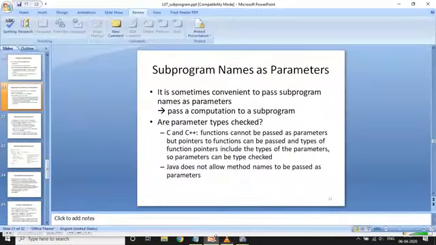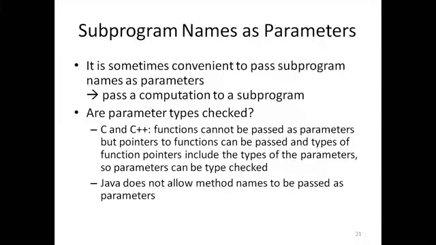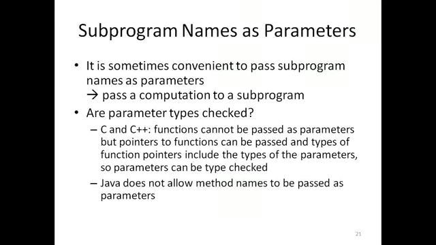Next we move on to the concept, parameters that are subprogram names. In languages that allow nested subprograms, such as JavaScript, there is another issue related to subprogram names that are called as parameters. Before moving to this concept, one needs to address a design issue of subprograms, that is, are parameter types checked?